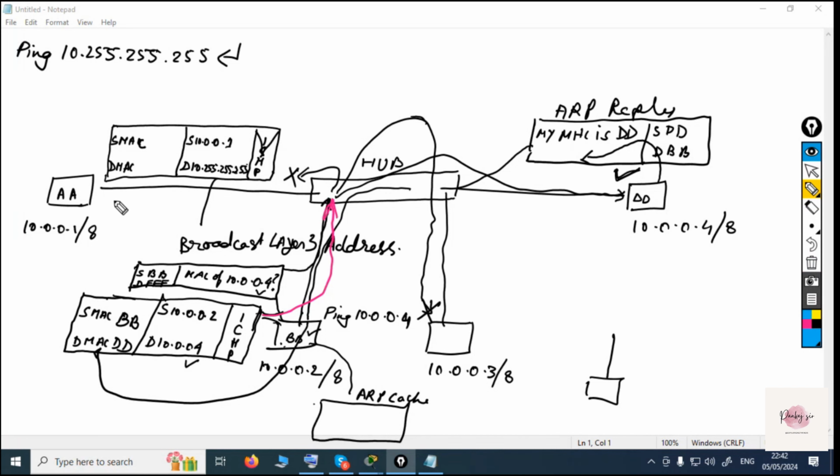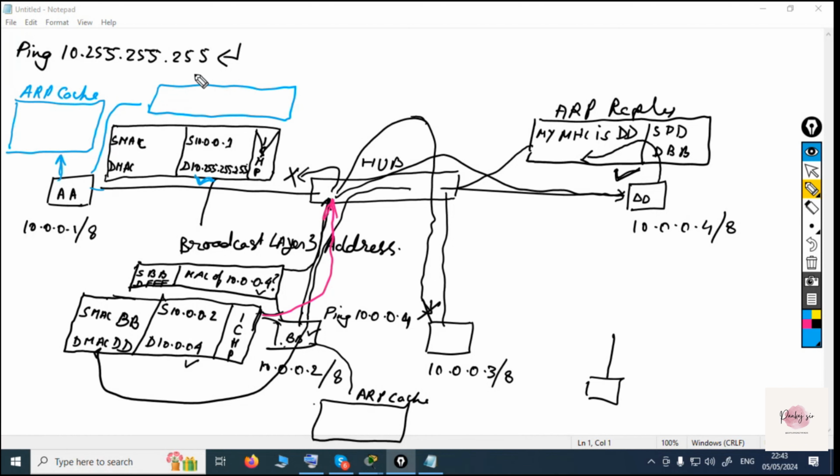But see, in this condition nothing happened as such. I just pinged 10.255.255.255. It does not have a MAC address for 10.255.255.255. Here it did not go to check the ARP cache for the MAC address of this destination, neither did it send any ARP request to know the MAC address.